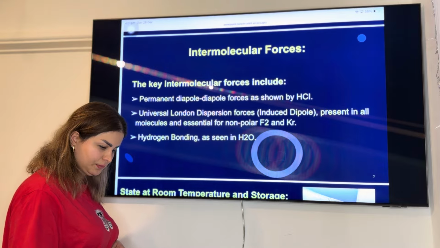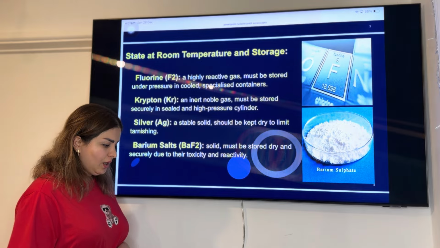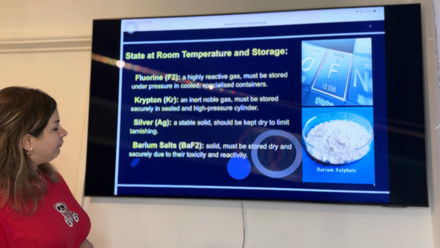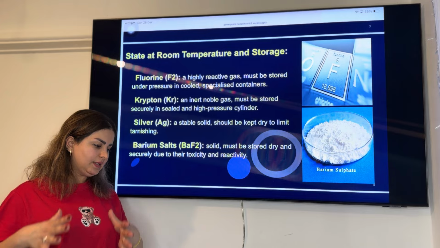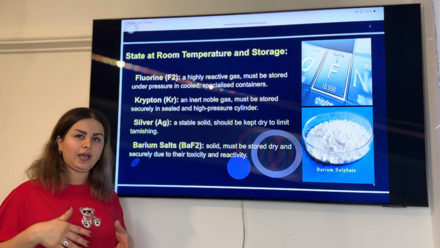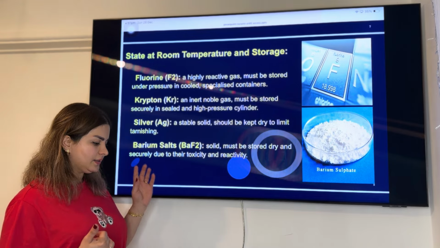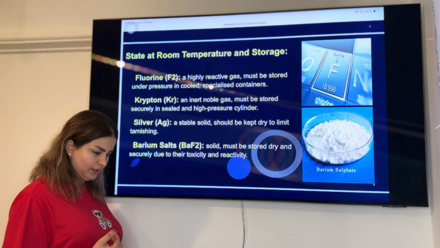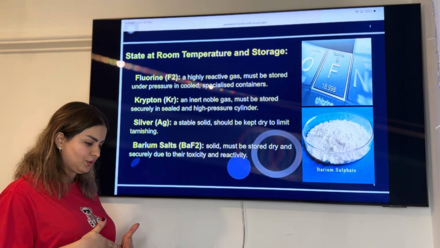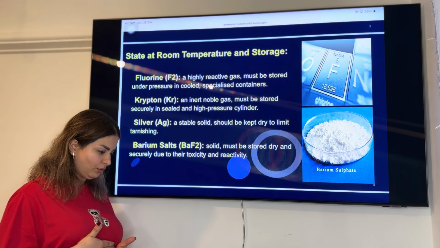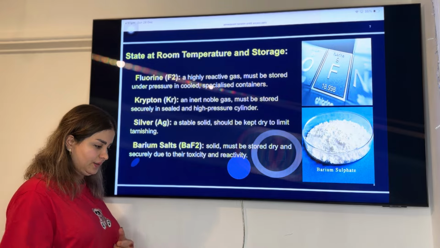So, bonding and intermolecular forces explain why a substance exists in different states at room temperature. For example, fluorine has weak intermolecular forces, so it is a gas and must be stored under controlled and pressurized conditions.